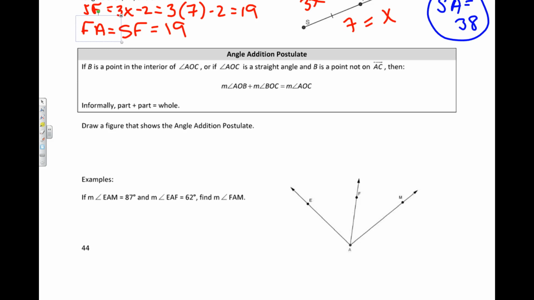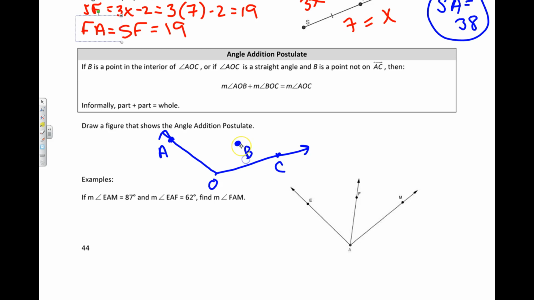Well, let's draw a picture for this because it's kind of complicated. I'm going to start off with B, a point in the interior of AOC. Let's make an angle AOC first. I'm just going to draw a generic angle here. Okay, that's AOC. And I'm going to put a point in the interior, so that just means somewhere inside my angle.